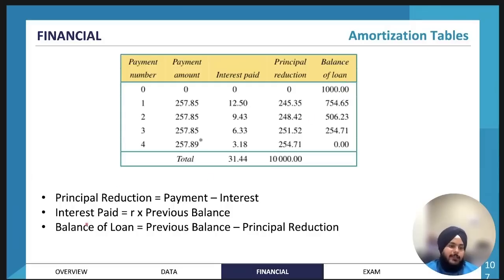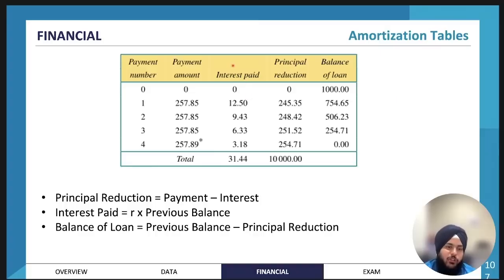There are a few formulas that might be useful when you're calculating what these specific values are. Principal reduction is essentially just the payment minus the interest. So what is the payment that you're paying, and then you subtract the interest that you're being charged. The interest paid is essentially just the interest rate multiplied by the previous balance, whatever that interest rate is, 2%, 3%, 4%, whatever.